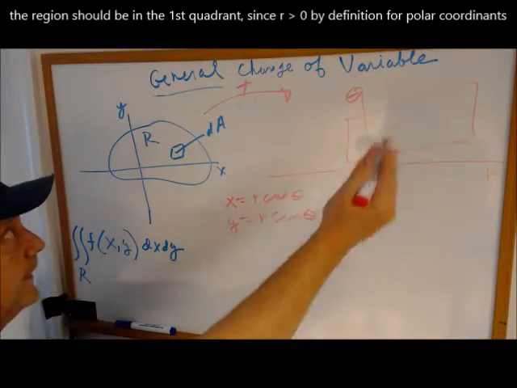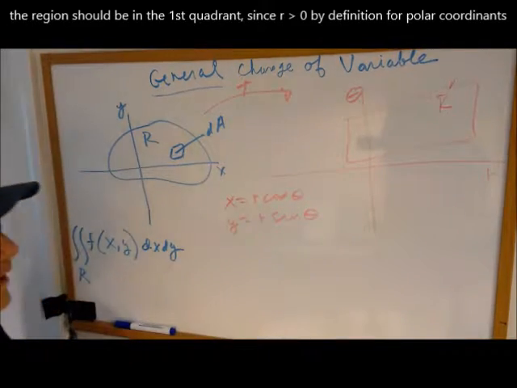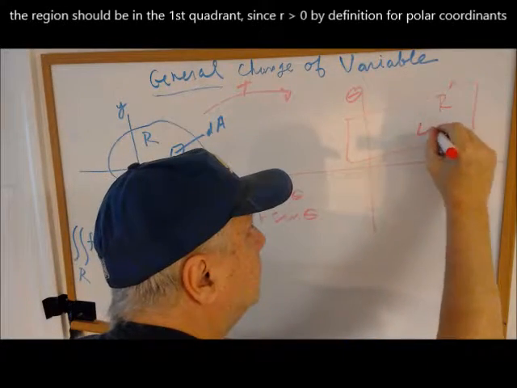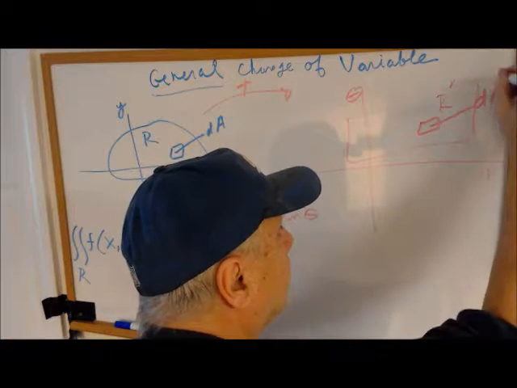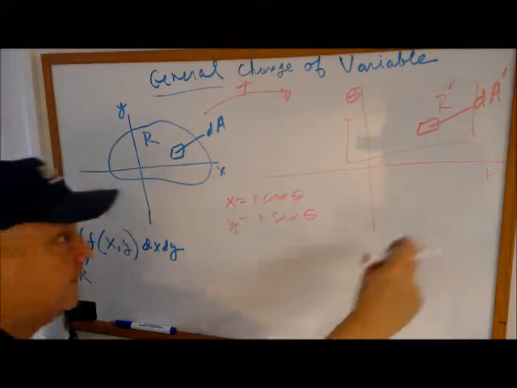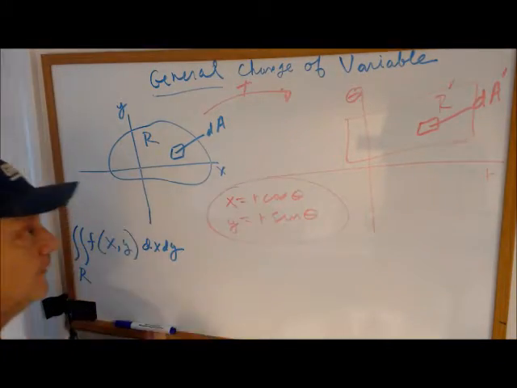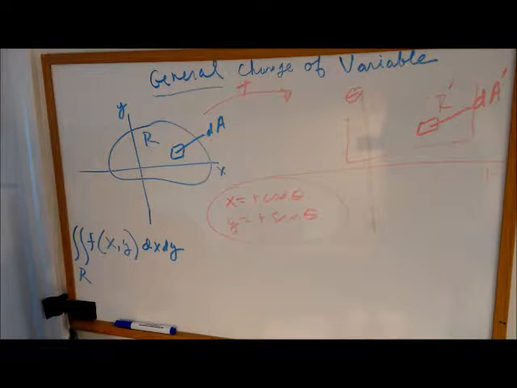So I'll just draw that as the example. So here's the new region. We'll call it R prime. And dA turns into a new kind of dA. So we'll just call it dA prime. And our variables are R and theta because these are the equations that determine that transformation.